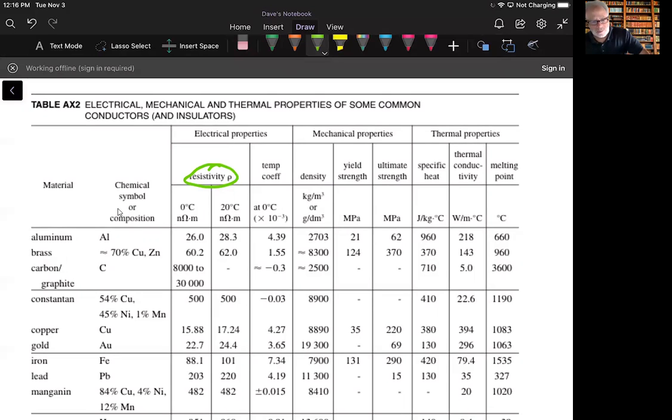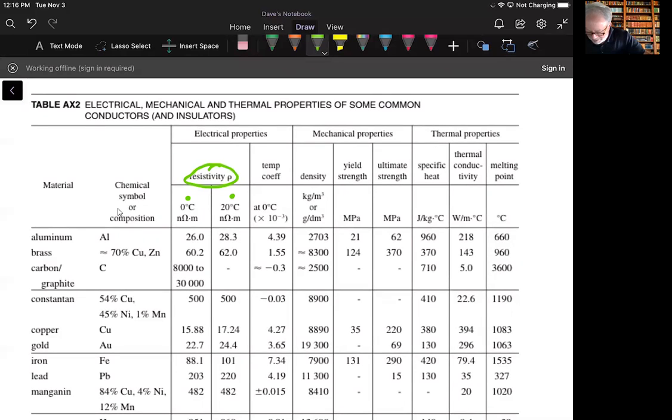Nano-ohms per meter. And now in the text, he just says ohm meters, but it's nano-ohm per meters. And what he's trying to do is get rid of that very, very small number that you're dealing with. So for aluminum, it's 26 nano-ohms per meter. And then as you can see, it's temperature dependent. At a different temperature, it increases, right?